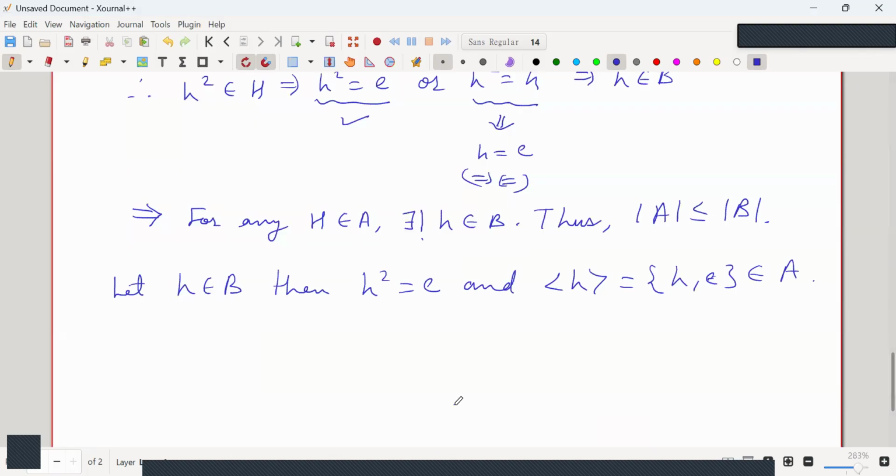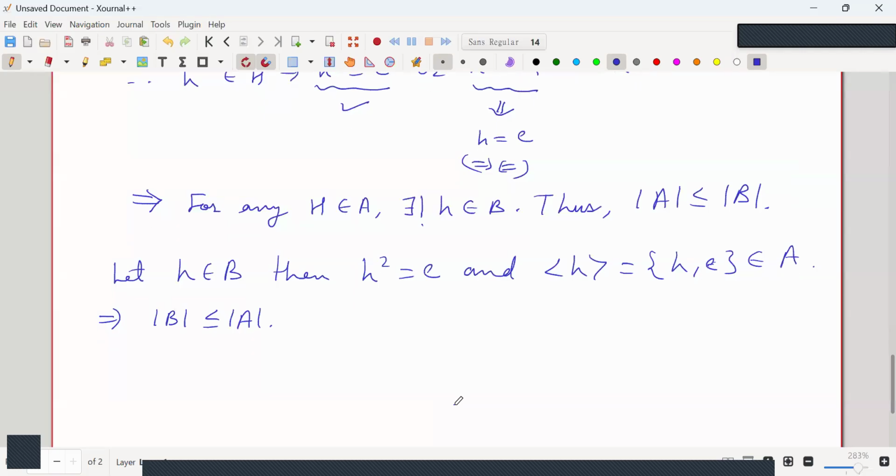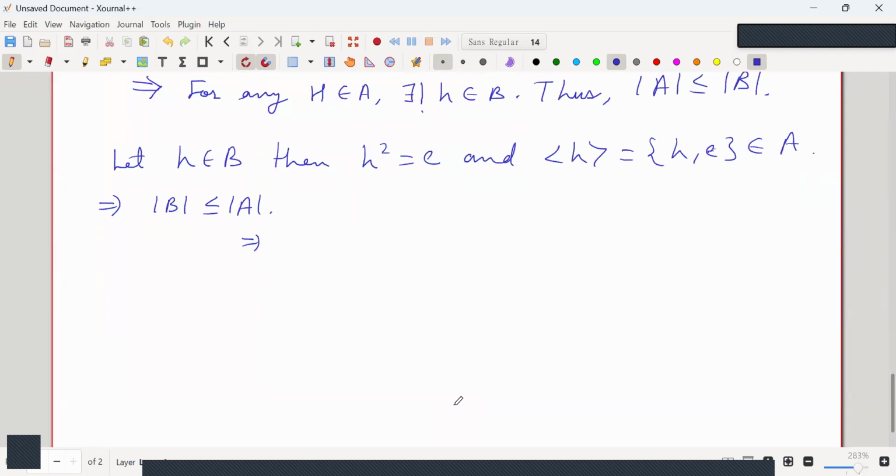So size of B is less than or equal to size of A. And combining both things, we will get that size of A is equal to size of B.